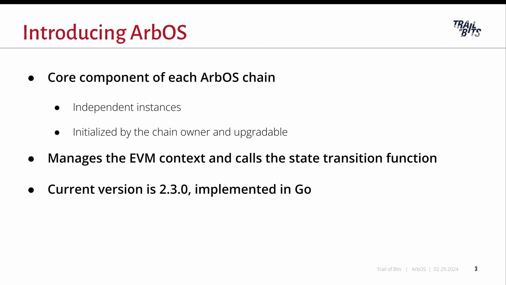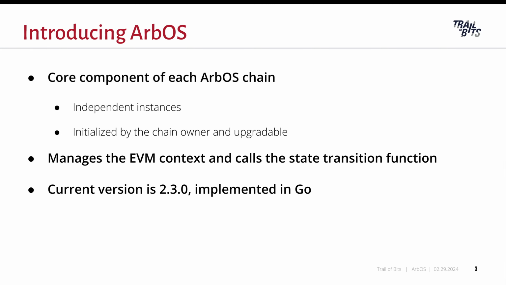This means that every Arbitrum chain will have its own ArbOS instance, and these instances are actually independent of each other. So they need to be initialized, upgraded and managed individually. Each Arbitrum chain will have its own.